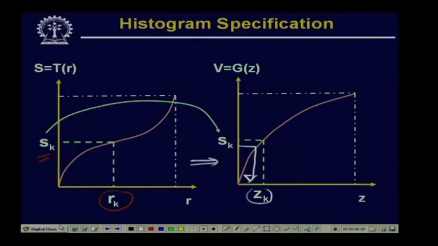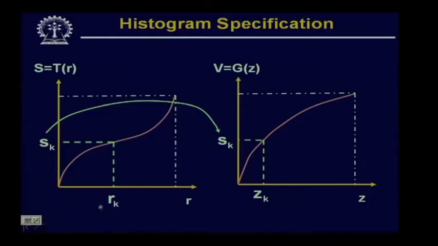But in the discrete domain, this particular case can be simplified, in the sense that both these transformation functions, that is s = T(r) and v = G(z), can actually be implemented in the form of arrays. So, the arrays are like this.